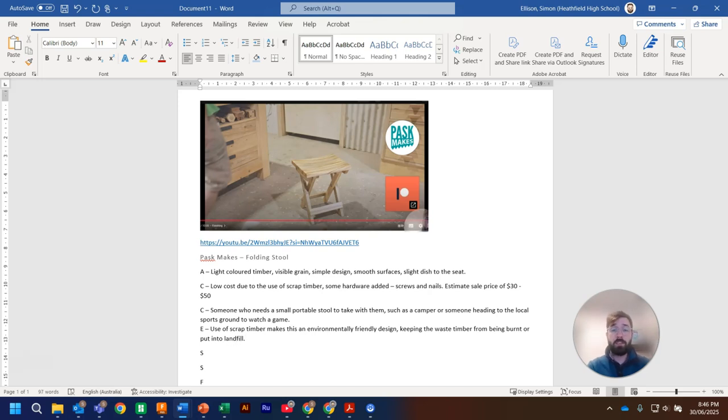I can also talk about the finish on this product, as it has an eco-friendly finish.